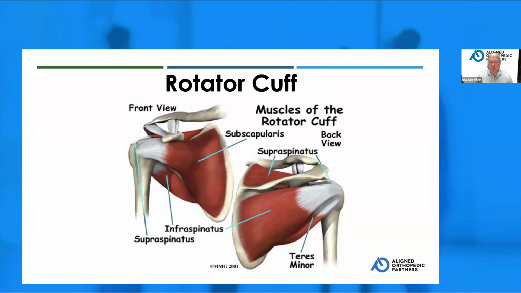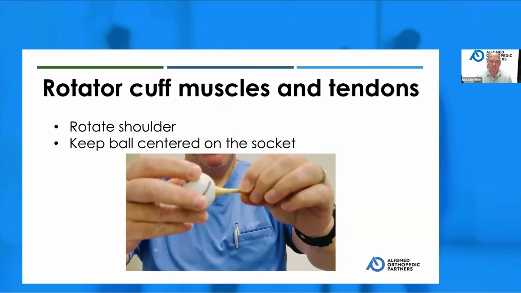So even though these are 4 separate muscles, they have a common tendon. Tendons attach muscles to bone, okay? And as those muscles pull, they pull on the tendon that pulls on the bone and it moves our shoulder. And all 4 of these muscles need to work in unison in order to keep that ball centered in the socket, no matter what position we put our arm in space. And that's very important.